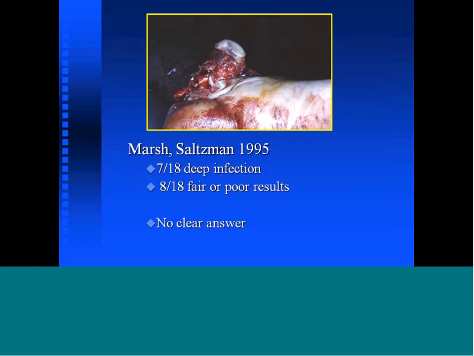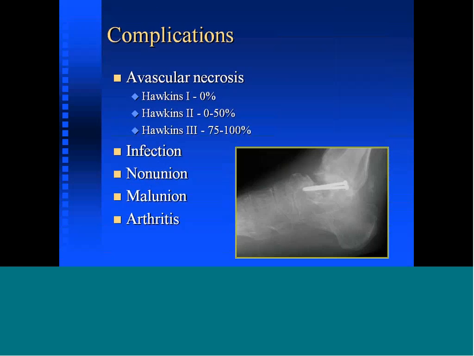He did some work with Larry Marsh and reported in 1995 their series of 18 individuals who had extruded talar body injuries from open fractures, and they had 7 of 18 develop deep infections, 8 of 18 developed fair or poor results. There's no clear answer on what to do with these particular injuries, but I do think it's reasonable to try to salvage the extruded talar body, to cleanse it, sterilize it, and then re-implant it and stabilize it with temporary K-wire fixation.